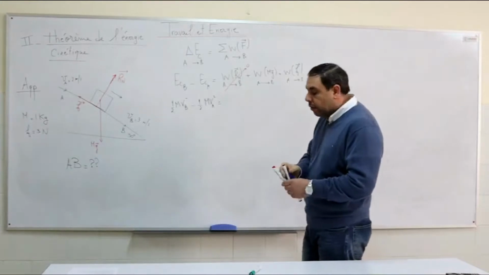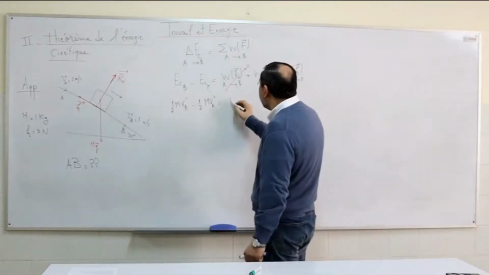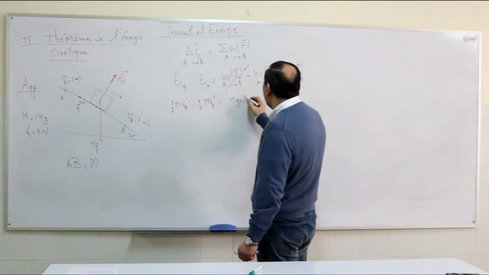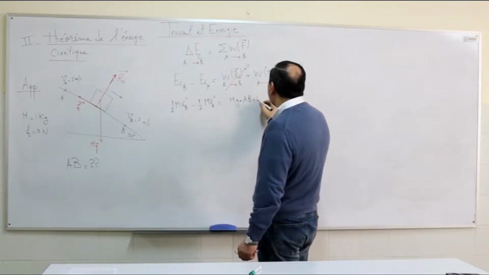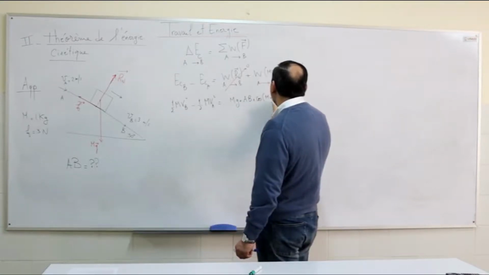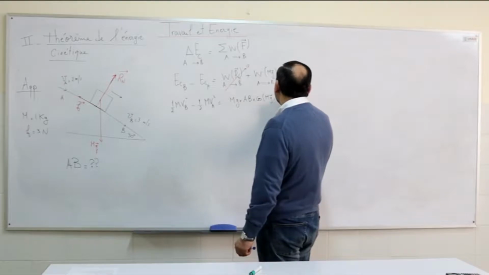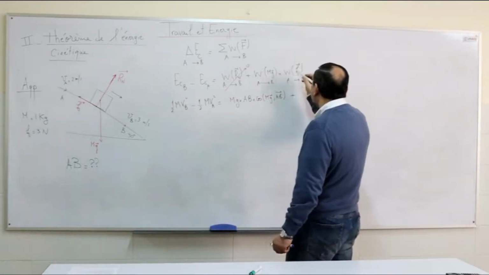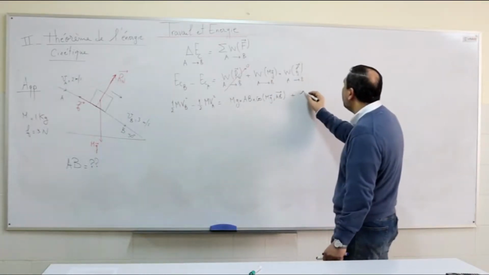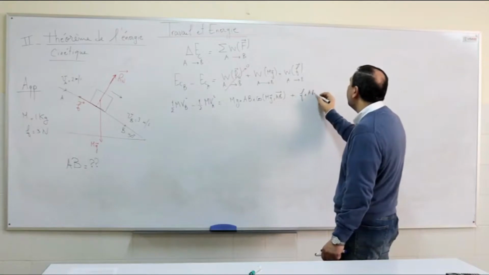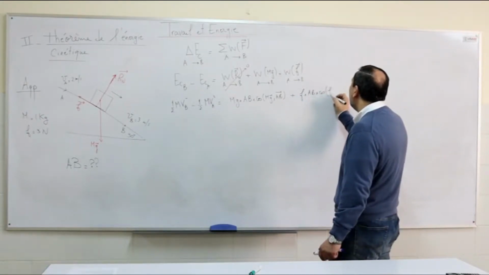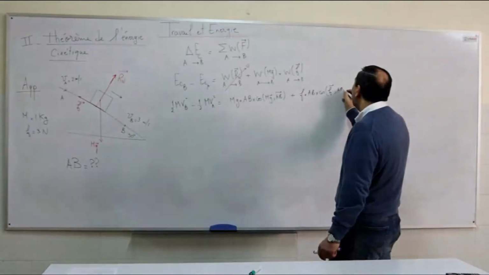Now the work of mg is equal to mg times AB times cosine of the angle between mg and AB, plus f times AB times cosine of the angle between f and AB.